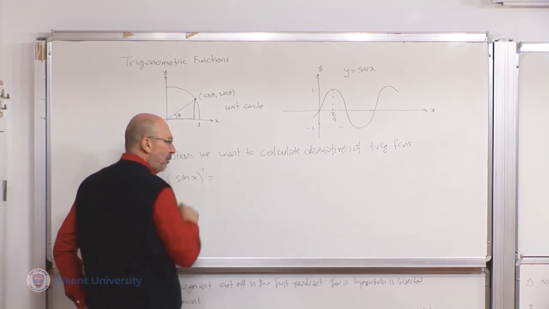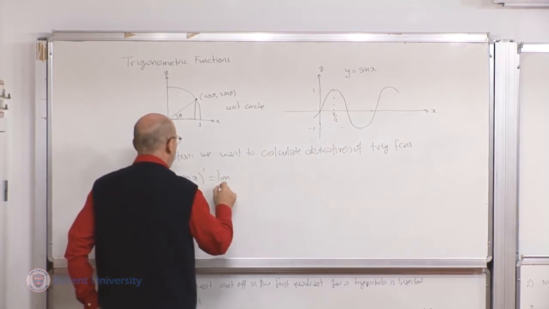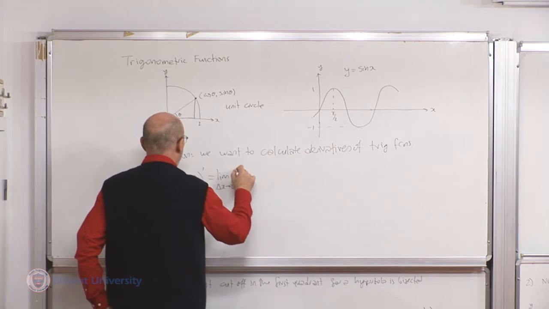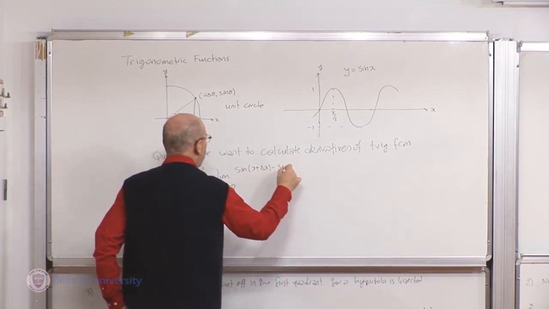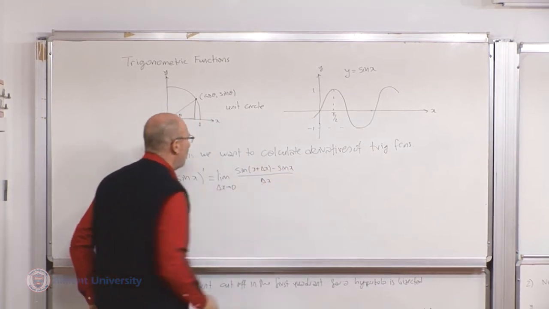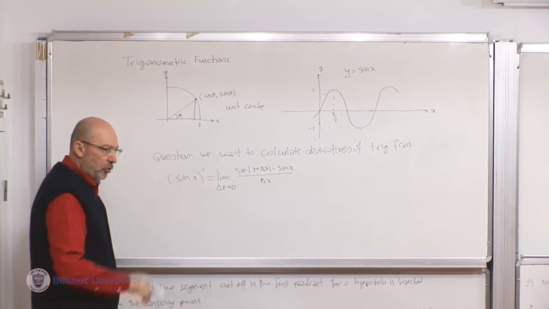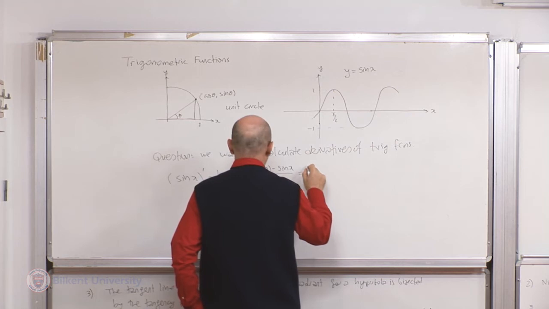I'm just writing the definition now. The limit as delta x goes to 0 of sine of x plus delta x minus sine x, divided by delta x. We use the addition rule for trigonometric functions.